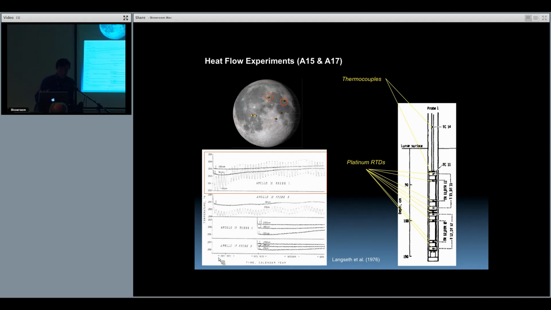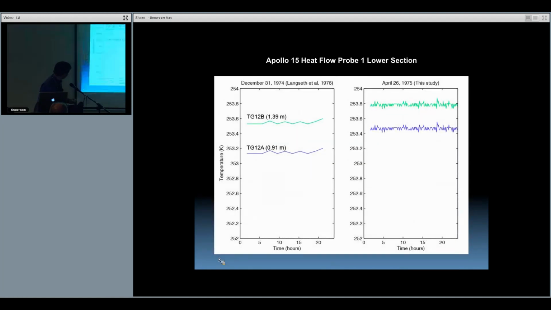As far as we know, they did not process the data collected after January 1, 1975. The tapes we found actually are from 1975, so we can see how the trend went. Since I'm running out of time, I'm not going to make too much interpretation of the data. Here is the comparison.